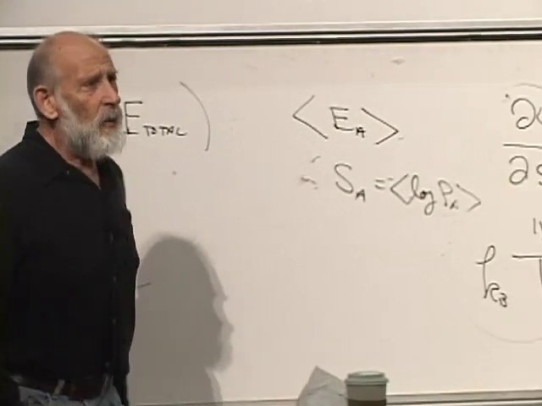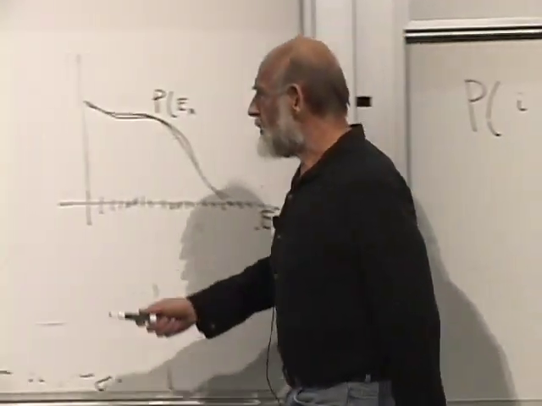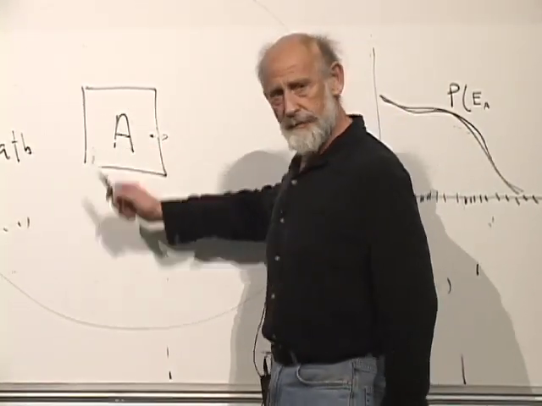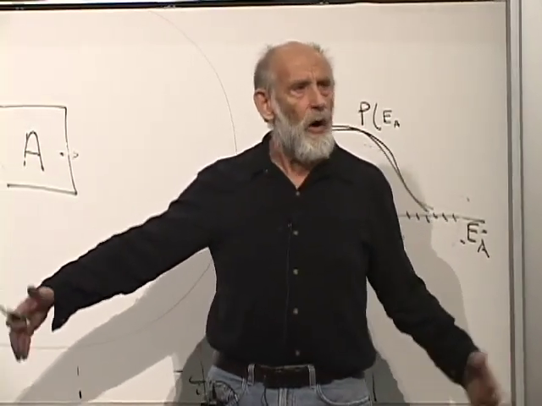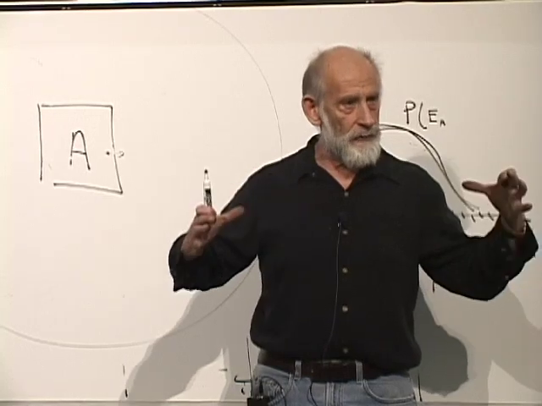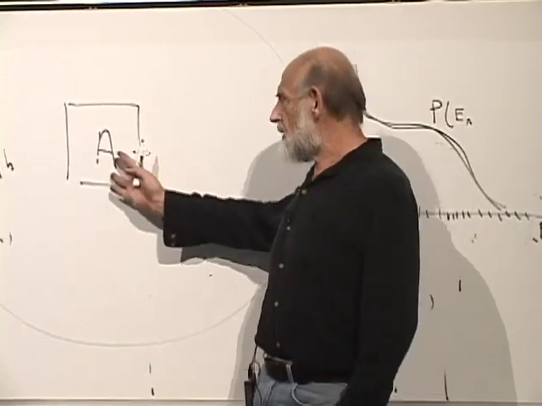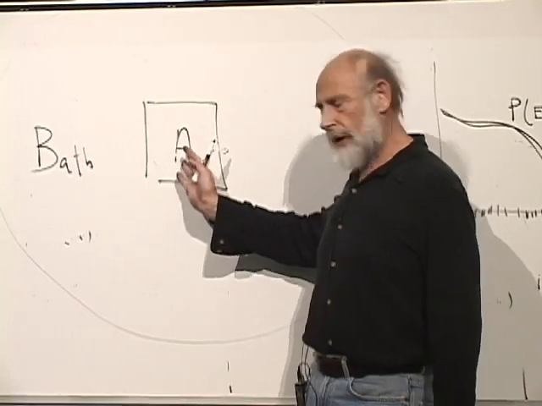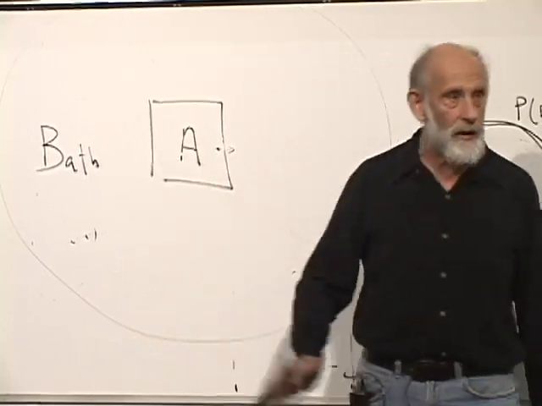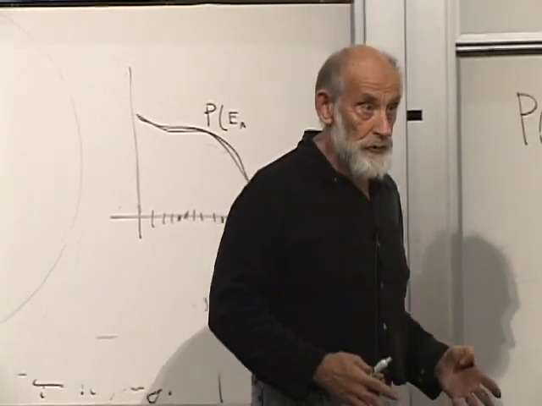From now on, whenever we think about a quantity associated with a subsystem here, I will often neglect to write average. But when we're thinking about the subsystem in equilibrium with the bath, what we mean by the various quantities associated with it is the averages.